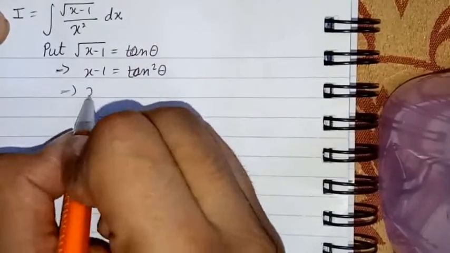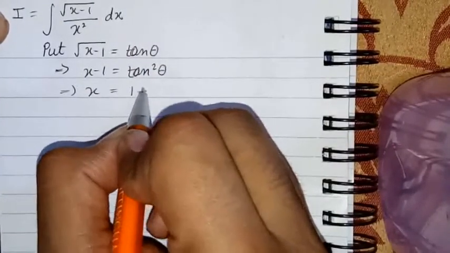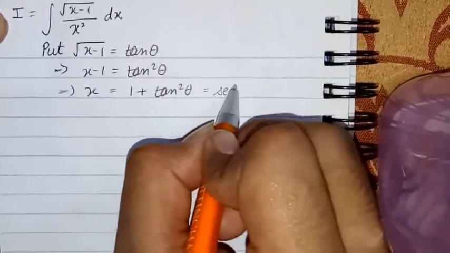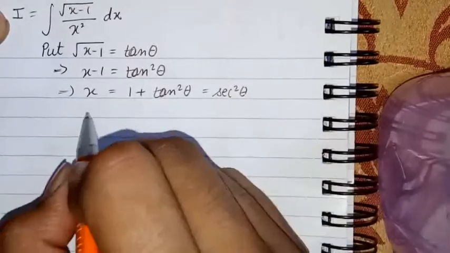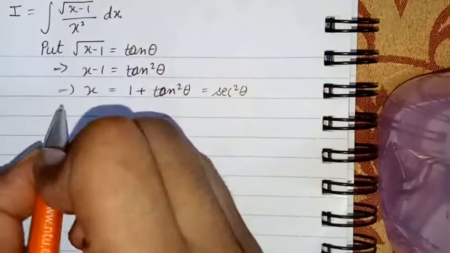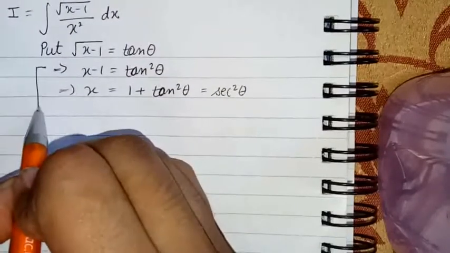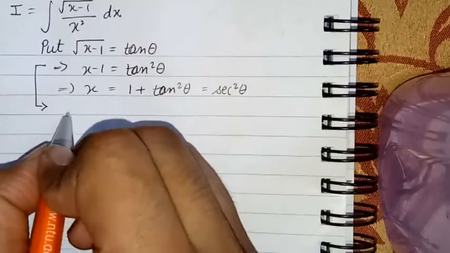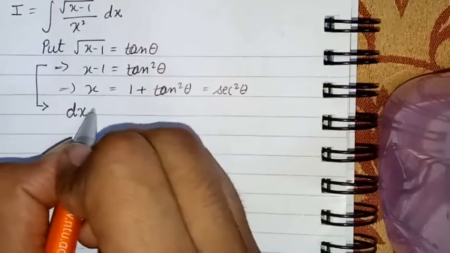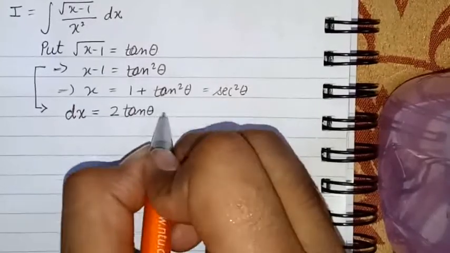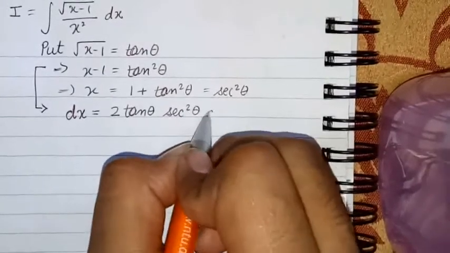So your x equals 1 plus tan square theta, which is secant square theta. So this is an identity, we have learned it in junior classes. Next, also taking this and differentiating with respect to x, we are going to get dx equals 2 tan theta secant square theta d theta.